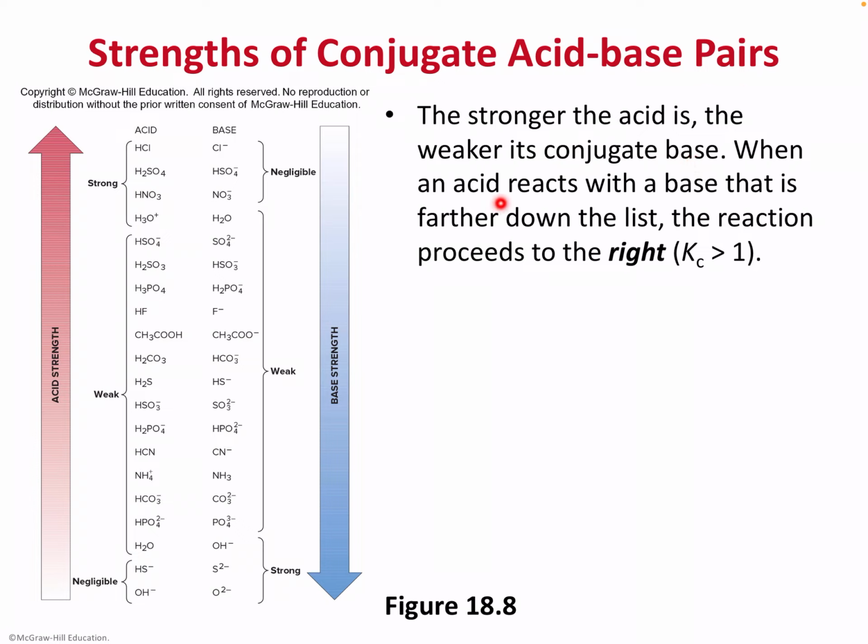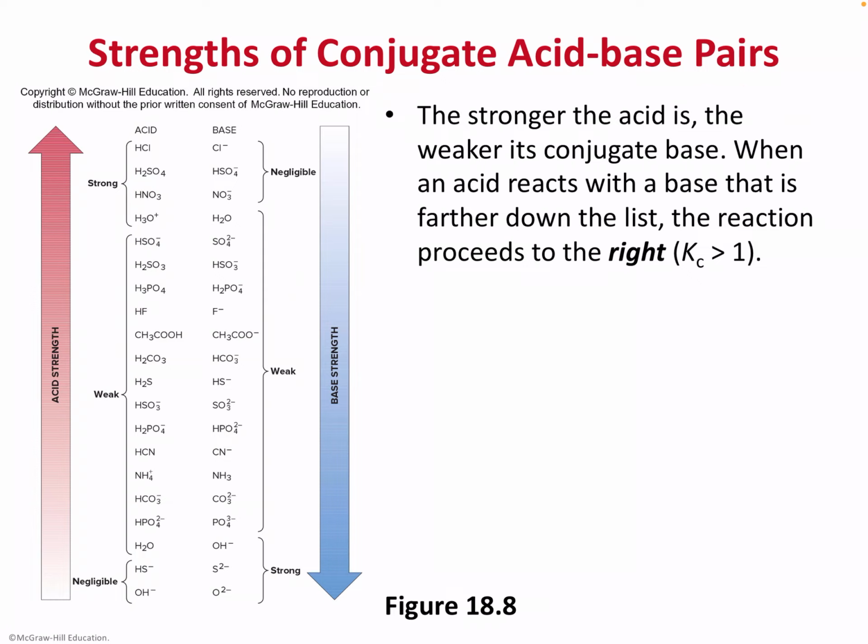When an acid reacts with a base that is further down the list, the reaction proceeds to the right, so Kc is going to be greater than 1. Now these are your acids. If it reacts with a base that is further down the list, the reaction proceeds to the right.